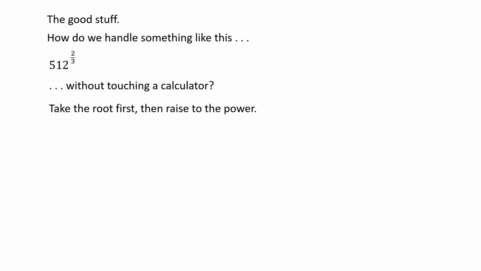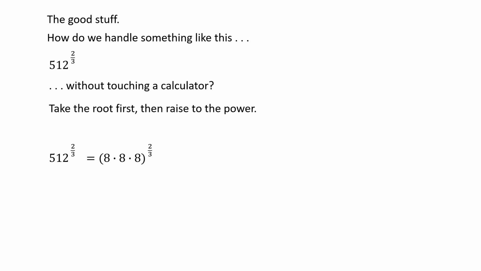So instead, I'm like, no, let's take the third root of 512. Right? We'll do the root first, shrink this number down, and then we can raise it to the power of 2. So if I'm looking at 512, I'm like, well, that's 8 times 8 times 8. Right?